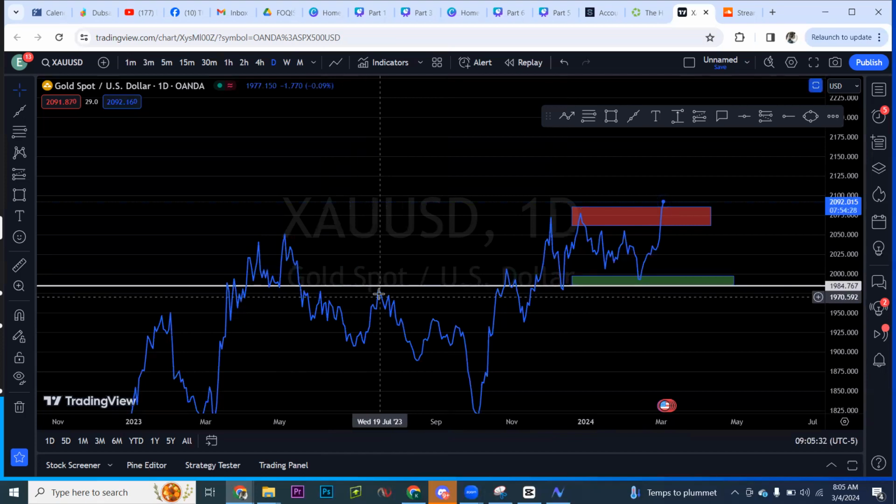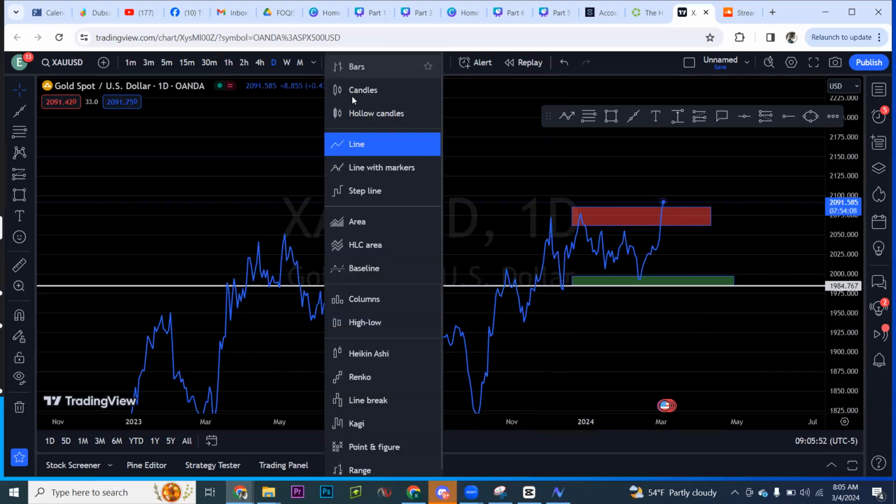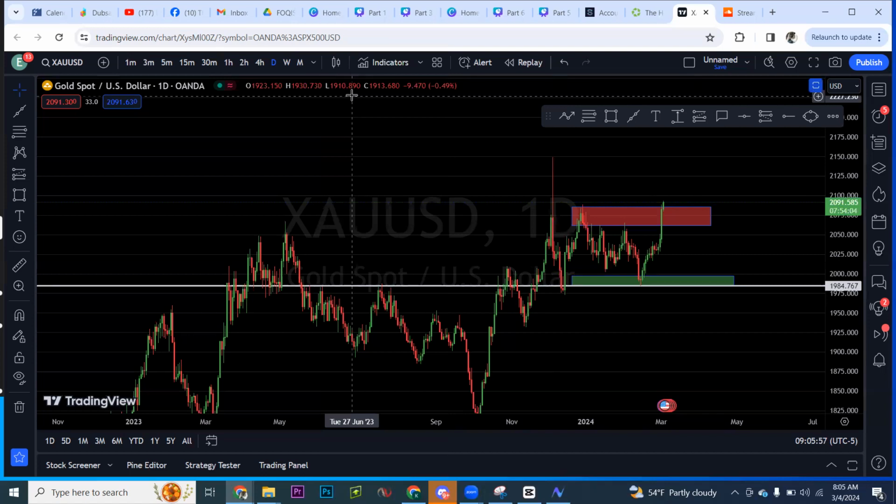So you see the peaks were upward, now they're downward. So when you see places where the peak comes up to it and then the peak also comes down to it, that's a major key level. So we know price is going to come down here. It's just going to take time. And since I'm on a daily time frame right now, everything I'm saying can take days to happen.